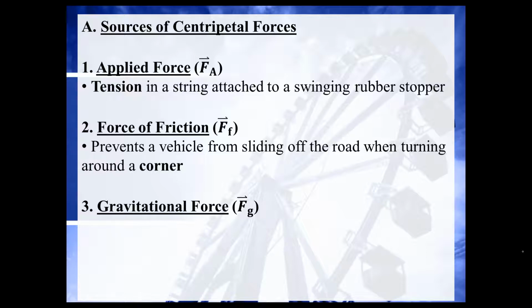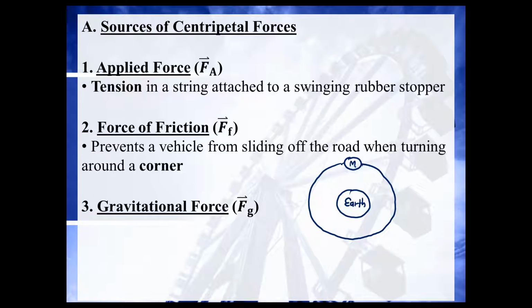Gravitational force. Well, we could look at the Earth, and then we have a satellite going around the Earth. We could use the moon. I'll just put M for moon, in a roughly circular orbit around the Earth.